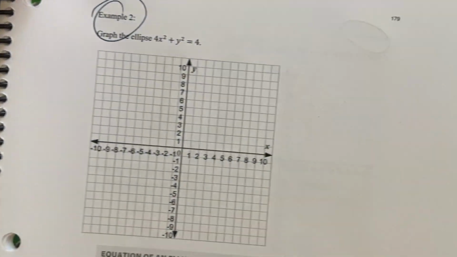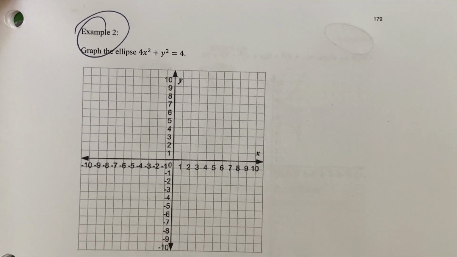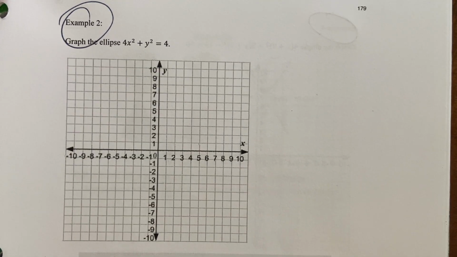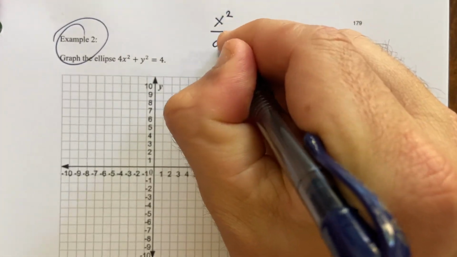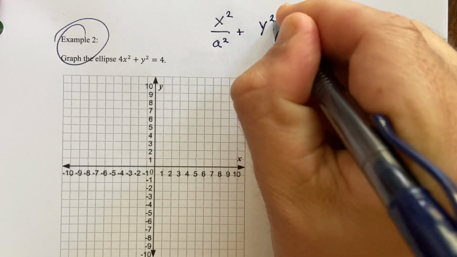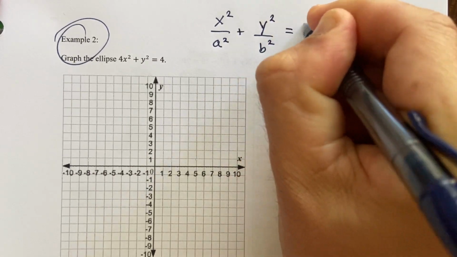Let's try another one. All right, so this thing is not in standard form, right? For our standard form, we want x squared over a squared plus y squared over b squared equals the number 1.